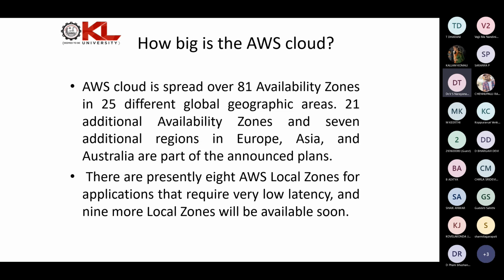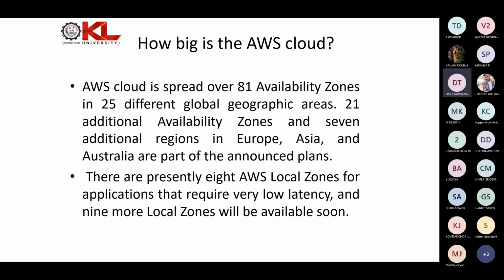AWS is spread over 81 availability zones, which is 25 different global geographic areas, and 21 additional availability zones, and 7 additional regions in Europe, Asia, and Australia are part of announced plans.